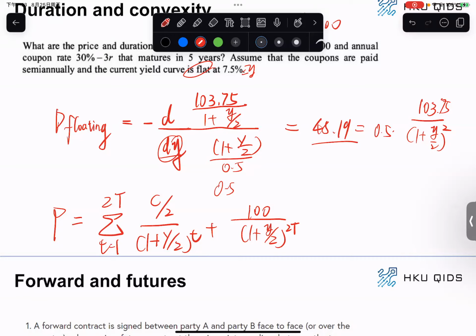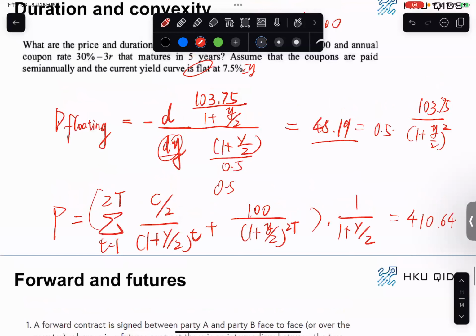And again, we divide it by dP/dy, which puts all these things multiplied by 1 over 1 plus y over 2. And it brings us back to the value of 410.64, okay? And then you just need to multiply this by 4 and divide it by 3, and you can get the final answer.